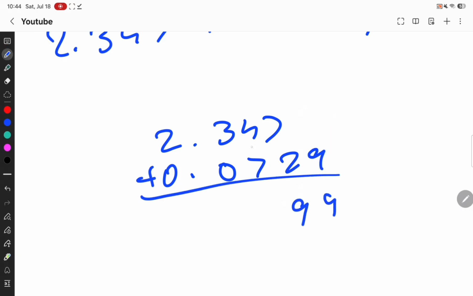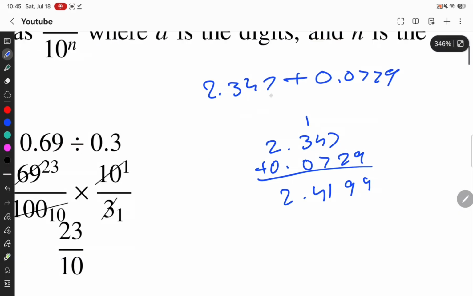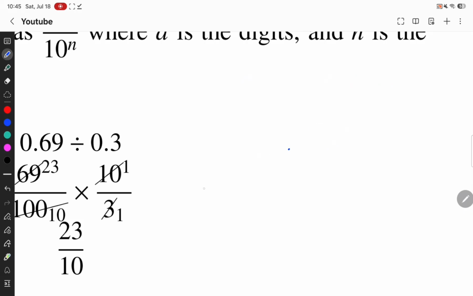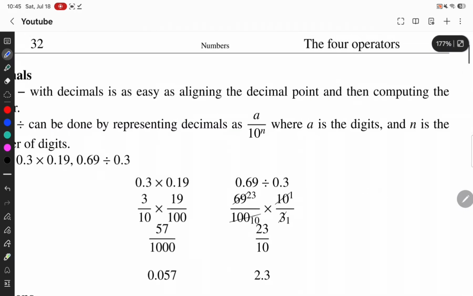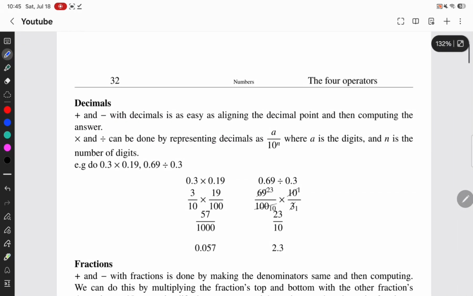Here we get 2.4199. You do not need to use a calculator, it's just that you need to know how to do decimals. God forbid your calculator is being used by someone else in the examination.